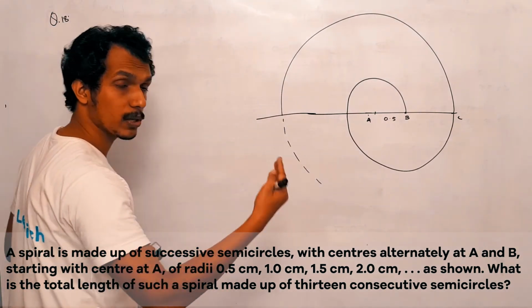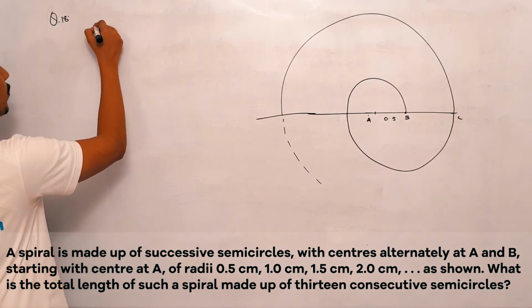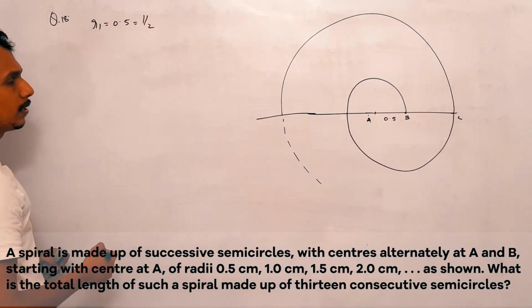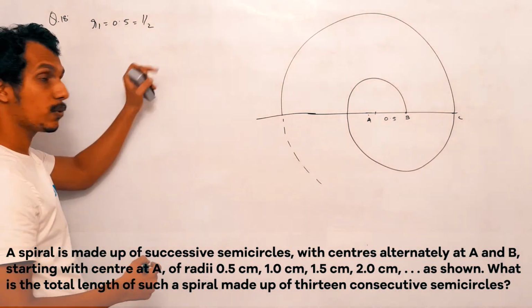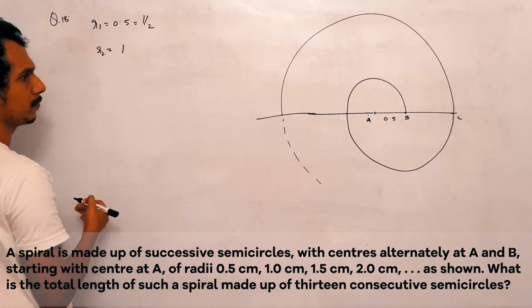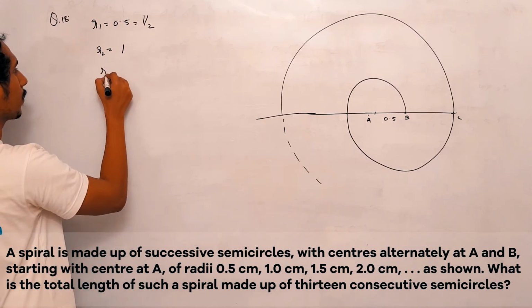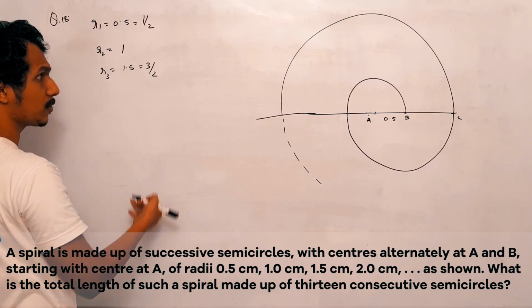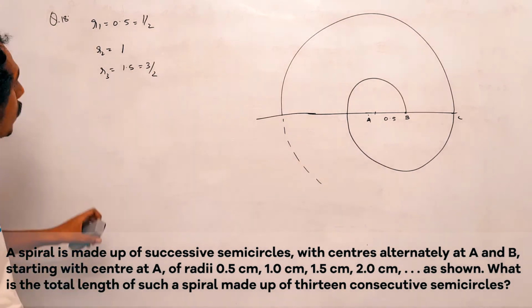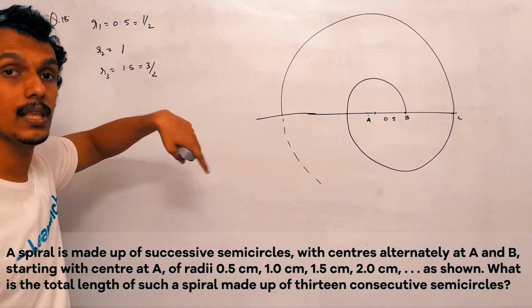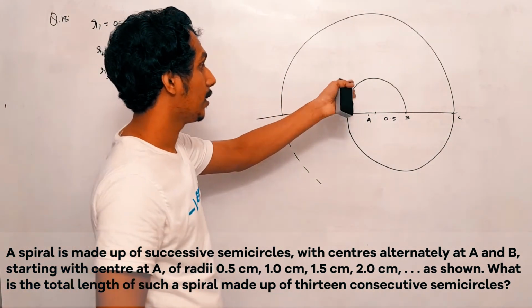Let's mark whatever is given in the question. Let's mark the radius number 1. That is 0.5, or you can simply write 1 by 2. Then R2 is 1. Then R3 is 1.5, which is 3 by 2, and so on. Let's say we have to find the total perimeter if there are 13 such semicircles.